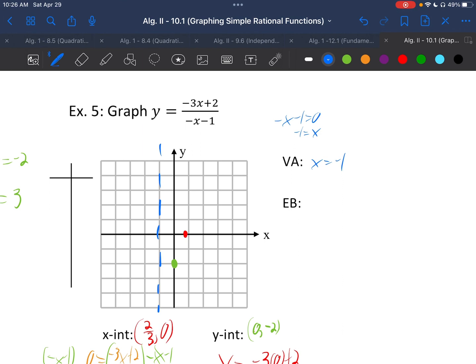For the end behavior asymptote, both the numerator and denominator have a degree of 1, x to the first and x to the first. And so when that happens, the end behavior asymptote is the leading coefficients, plus or minus whatever translation there is, and it's negative 3 divided by negative 1, which is just y equals 3.